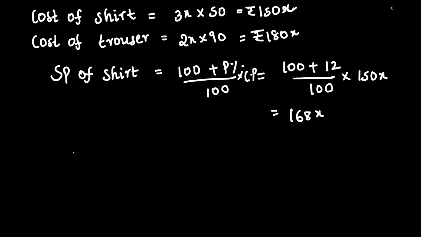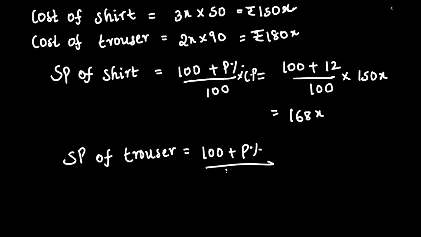And then when you find the selling price of trouser, the formula is the same: (100 plus profit percentage) by 100 into CP.